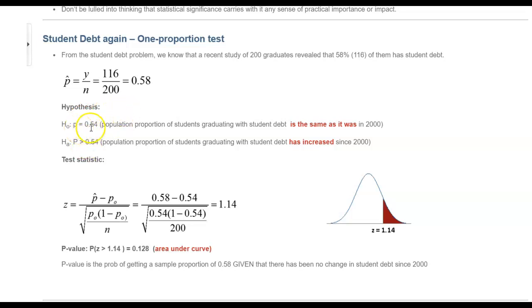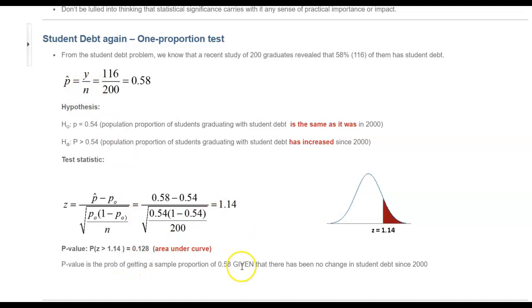The null hypothesis is p equals 0.54. The alternative hypothesis is that p is greater than 0.54. In the hand calculation, we get a z value of 1.14, corresponding to a p-value of 0.128.